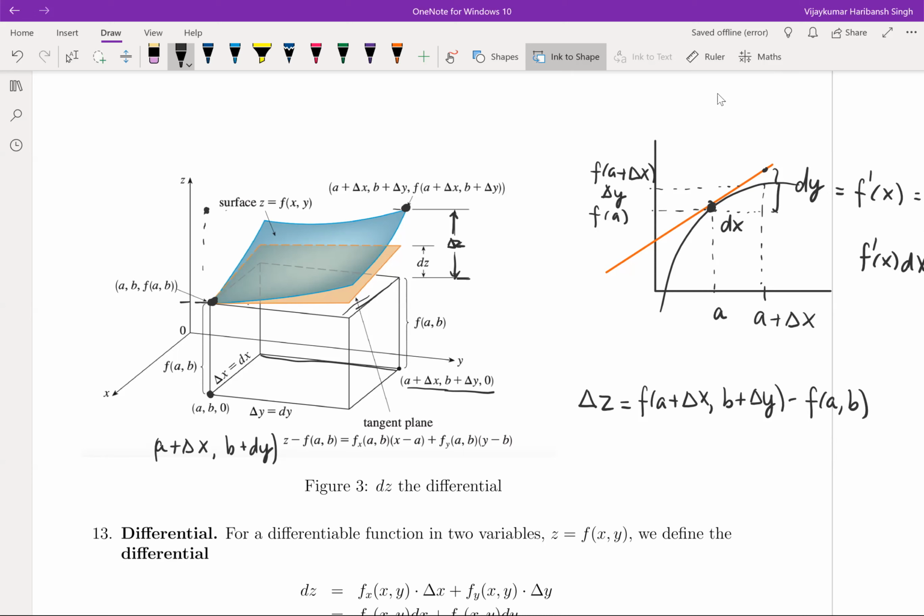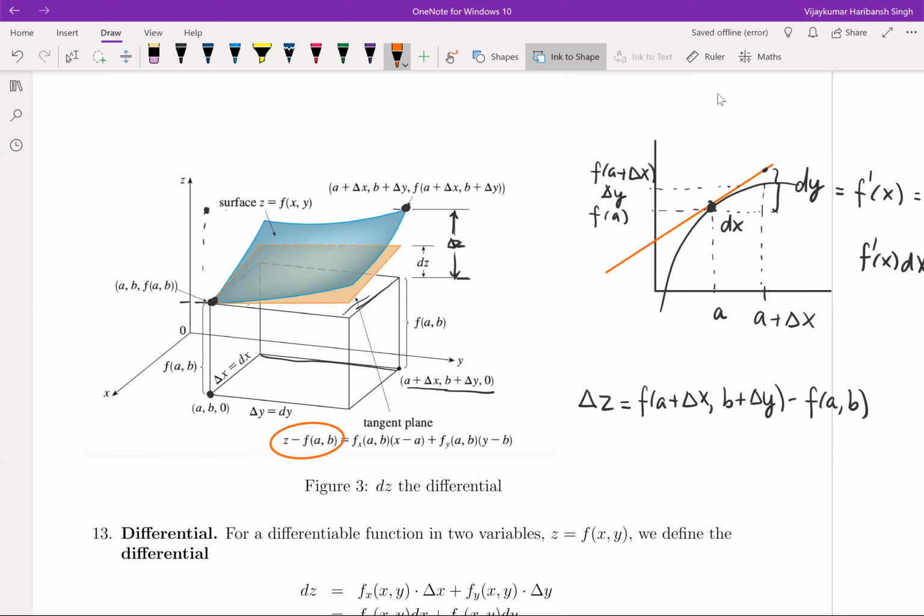So how much did the change in z happen? If you look at the result, the equation of the tangent plane is z minus f of ab equals fx of ab times x minus a plus fy of ab times y minus b. The change in z was exactly z minus f of ab.